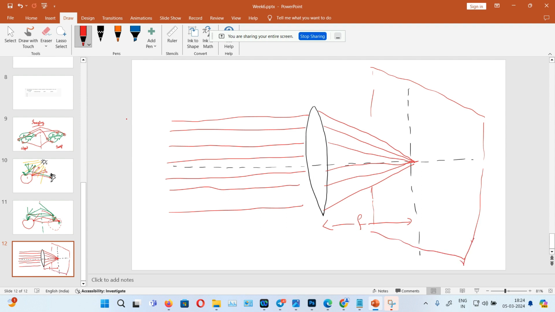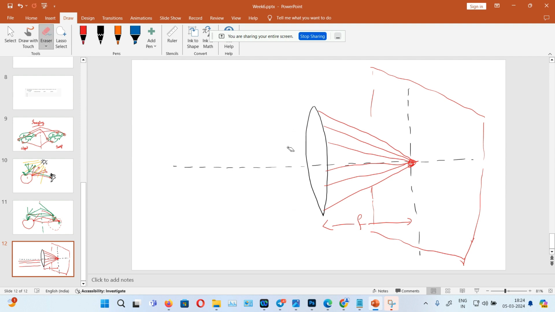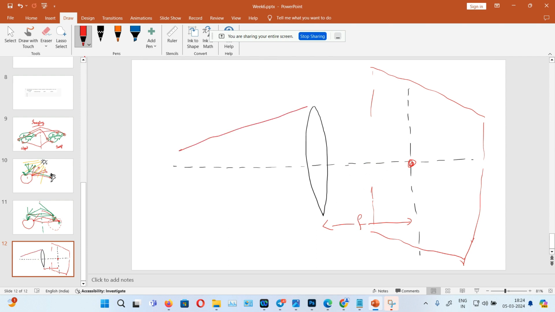Because not all the rays passing through a lens are focused on the particular principal focus. It is actually the focal plane that matters. So see that all the rays which are parallel and passing at a particular angle will focus at one point on the focal plane.